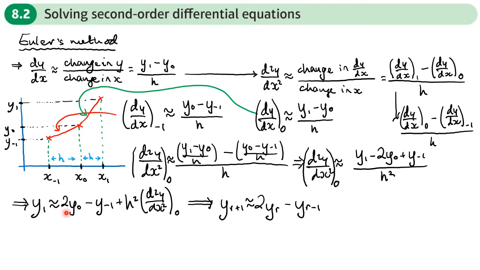So if this is r plus 1, that will be r. This will be r minus 1. And then plus h squared times d squared y over dx squared at r, and this is for r equals 1, 2, and so on. So this is, starting from 0, 0, 1, 2, and so on. So this is the bit that we're interested in. So I'll just highlight this here.